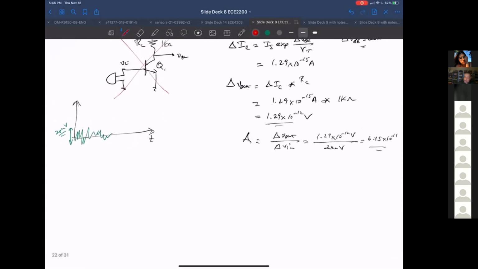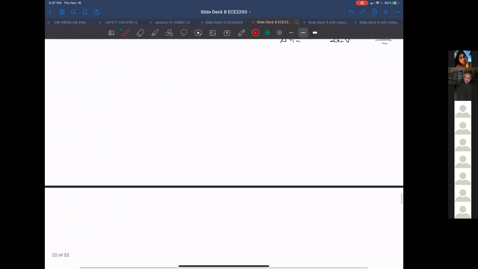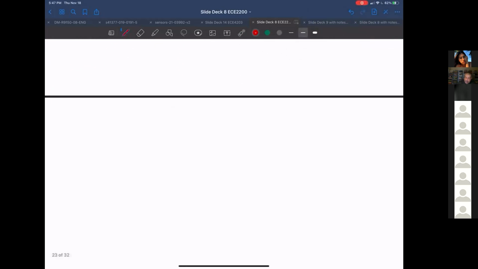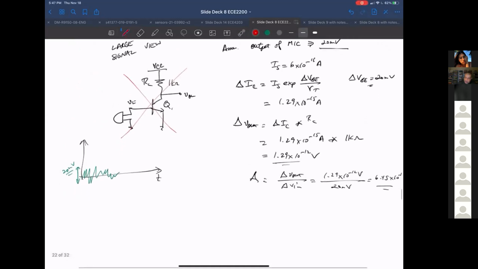So what you really need, let's say if you could bias it with a battery, which we can't, but just to see what you'd really like to get. Let's say you repeat this with a 0.65 volt battery, so you copy it over.